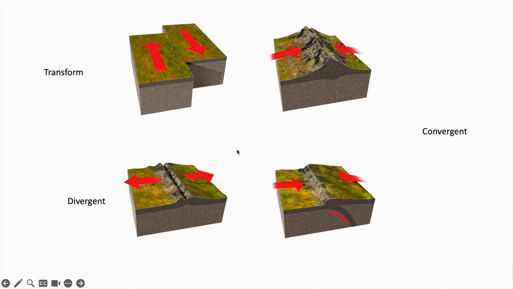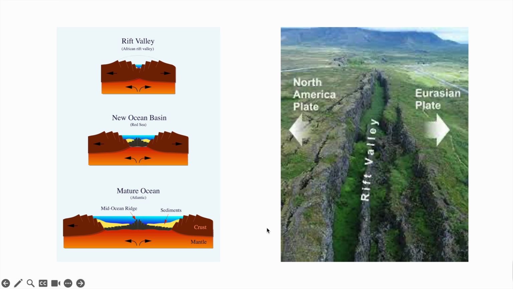All right, let's take a look at divergent boundaries. This is when two tectonic plates separate. This is when they move away from each other. This is going to form a couple of things. You're going to get either a rift valley, which is represented right here. So this big Eurasian plate and this big North American plate, they moved away.